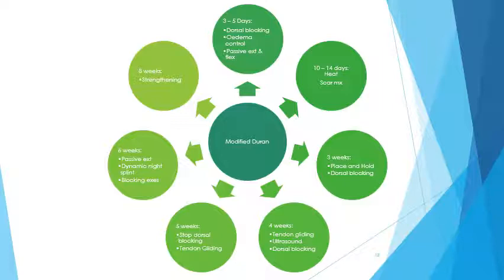Gentle blocking, composite fist, and FDS gliding as well. Always do remember the composite passive flexion of all the digits, as well as individual passive flexion of all the digits, just to warm up as you are starting your rehabilitation for the day.